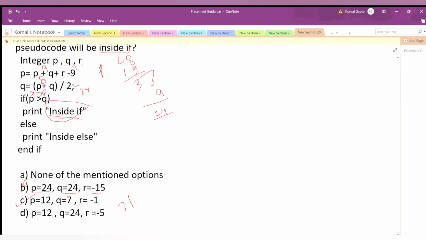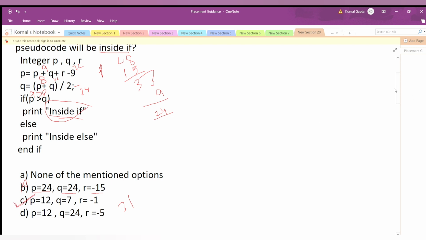And the value of Q will be now, since the value of P is 22, 22 plus 24, that is 46. So 46 divided by 2 will be 23. So now the value of P is 22 and the value of Q is 23. Is 22 greater than 23? No. So our answer will be option C only.